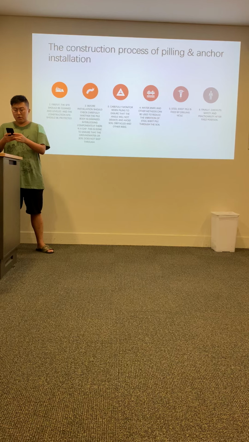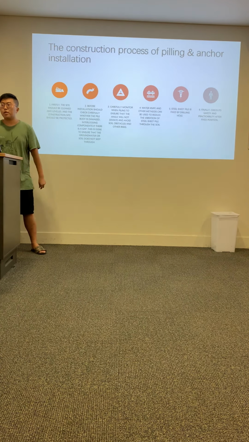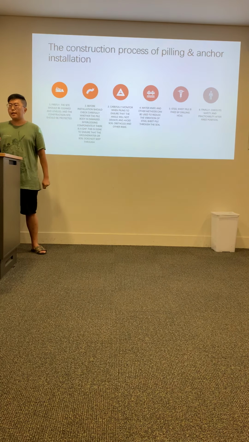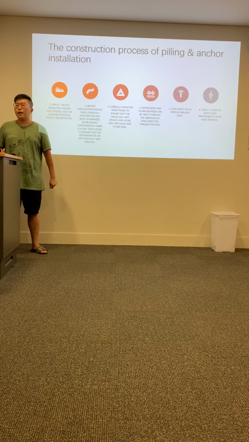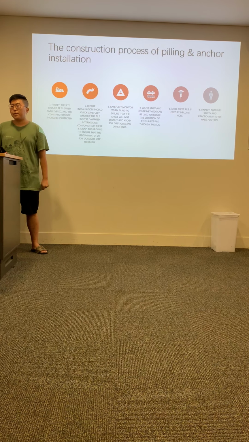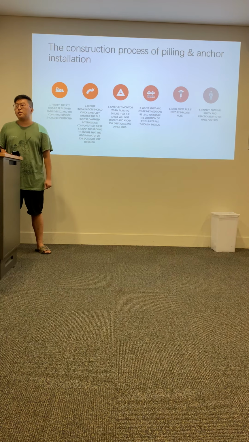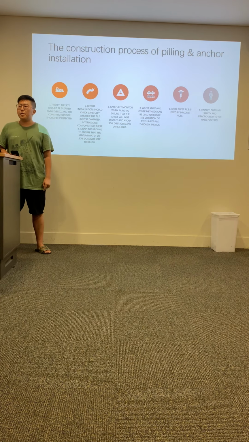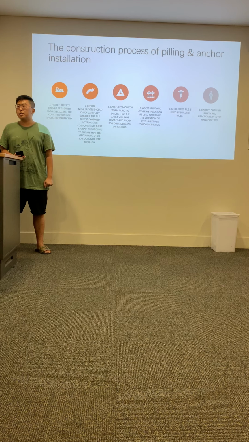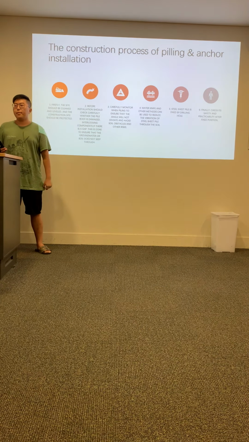Now let's talk about the construction process of piling and anchoring installation. Firstly, the site should be cleaned and leveled, and the construction site should be protected. Then, before installation, check carefully whether the pile body is damaged and whether there is a gap in the interlocking components.